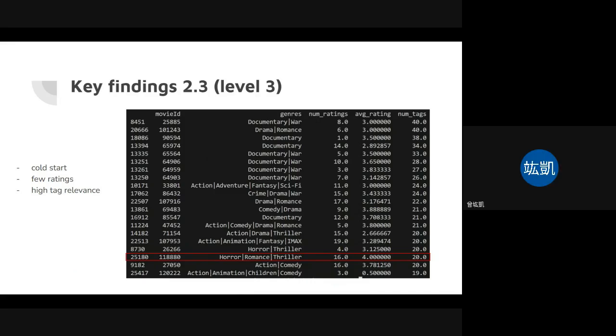And here we have to find a co-star movie. So we find 20 movies with few ratings and high tag relevance.